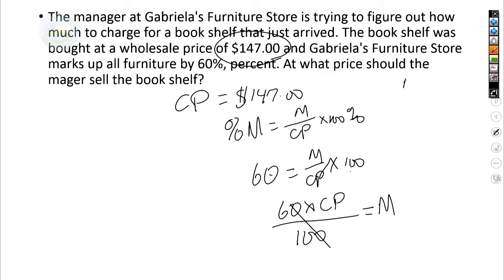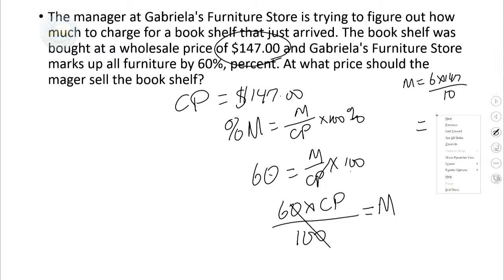$147. So then that's 6 by 147 over 10, which would be 3 by 147 over 5.